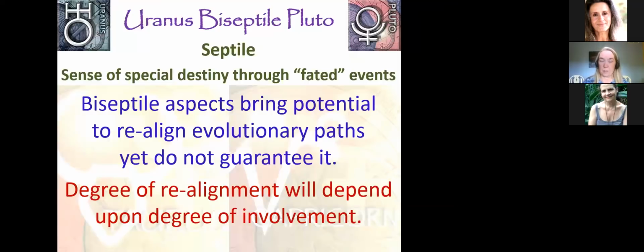So Biseptile specifically is going to bring that potential to realign on an evolutionary path, but it does not guarantee it. The degree of realignment will be dependent upon the degree of involvement, the choices you make individually, and the choices that various groups of people will make on a collective level.